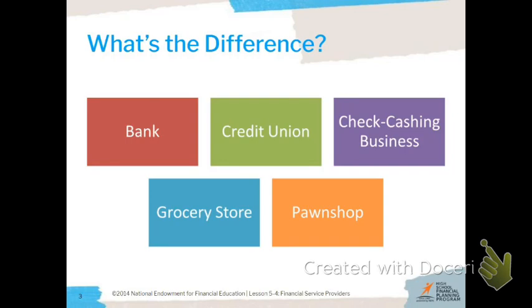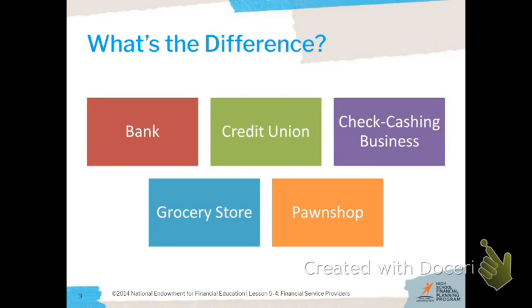If you look on page 26, you'll see information about banks, and banks are typically FDIC insured, and you can find out that for sure by going to the FDIC website. Credit unions offer the same financial services as banks. So the credit union offers savings and checking accounts, loans, online banking, ATMs.